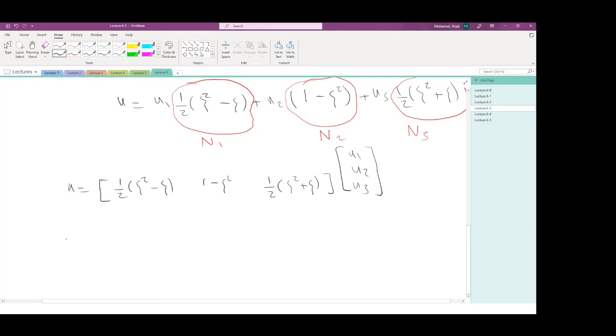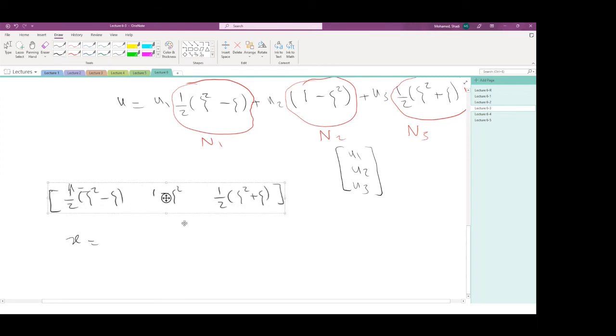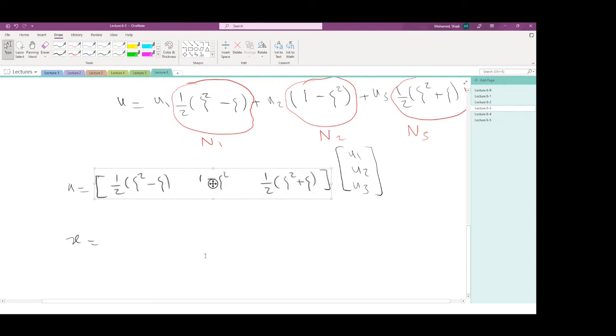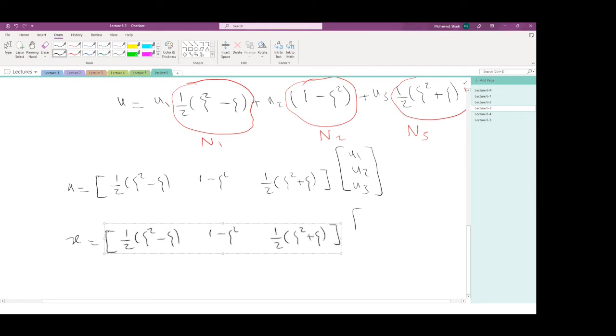I do exactly the same thing for the coordinates. I just copy that, it's the same. And this is the same for the displacement, x1, x2, and x3. And now I need to find the B matrix.